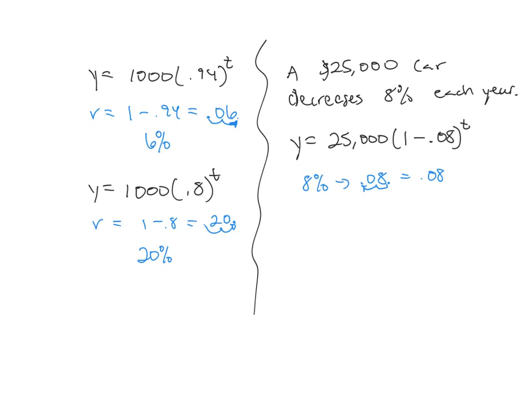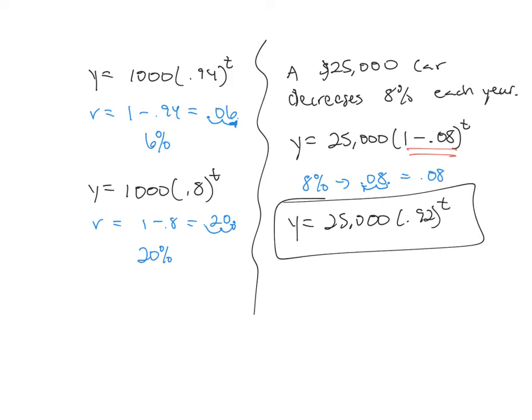Okay, but then you do want to combine, and you can use a calculator, do that together. 0.92. And that would be your complete answer. Okay, so everything's the same as yesterday except minus instead of plus.